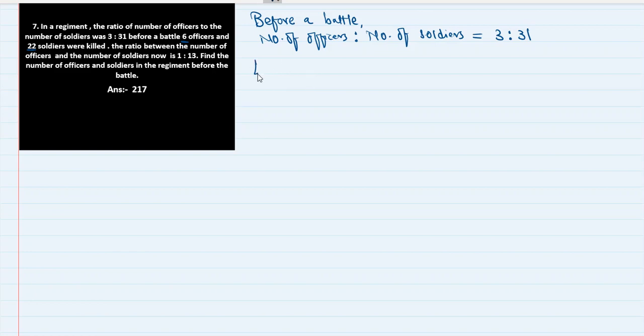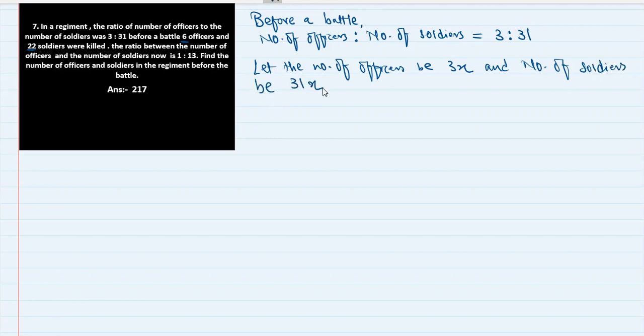Okay, so let the number of officers be 3x and number of soldiers be 31x. Okay, so this is before the battle. Now, number of casualties. Casualties means how many officers and soldiers became martyr.